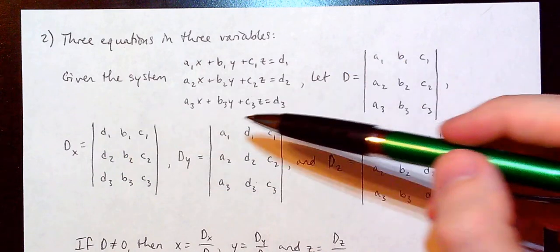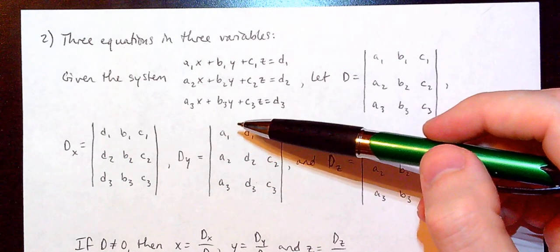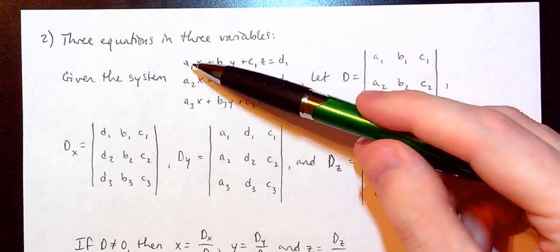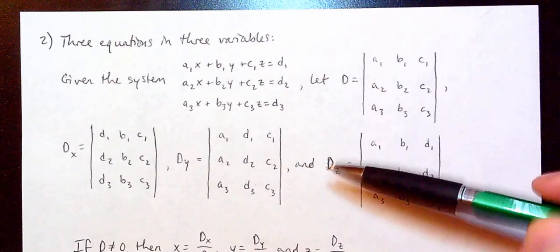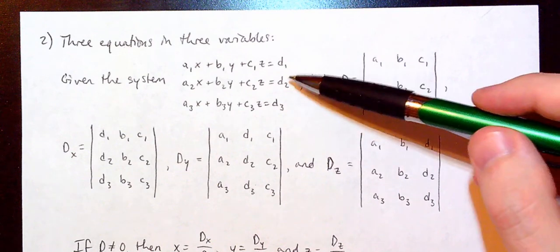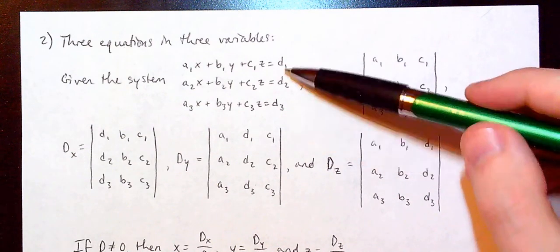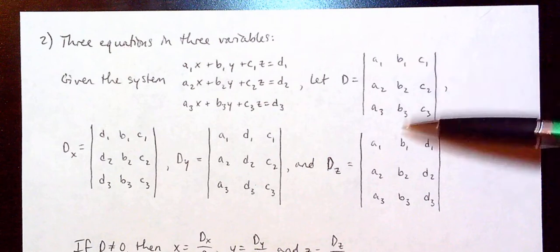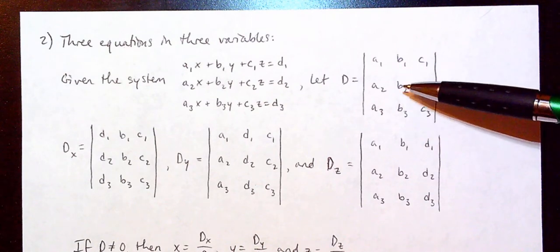D sub y, the determinant of the 3 by 3 matrix you get as a result of taking capital D here and replacing these little d values with the b values, that second column.